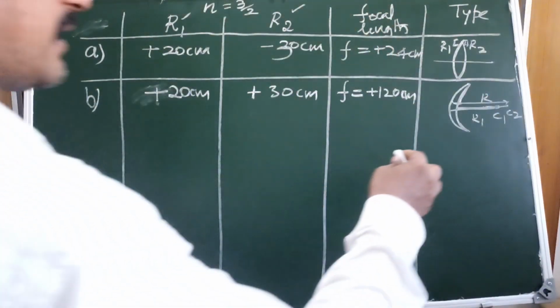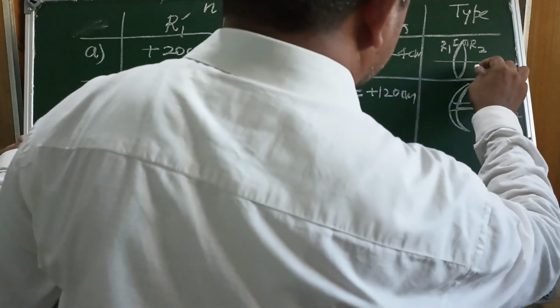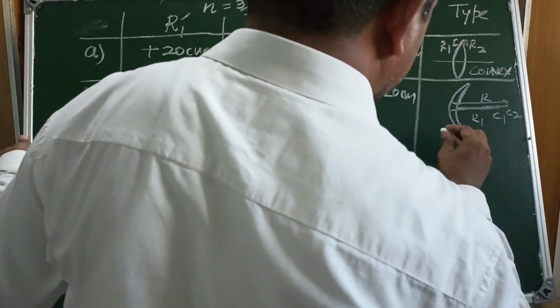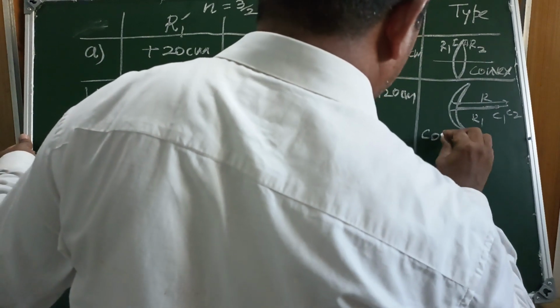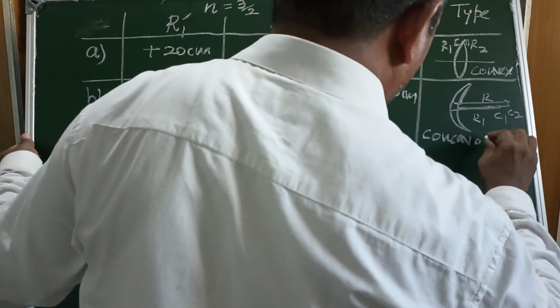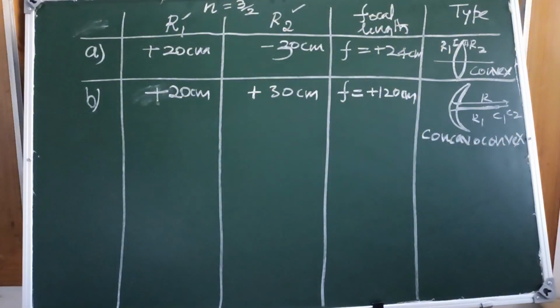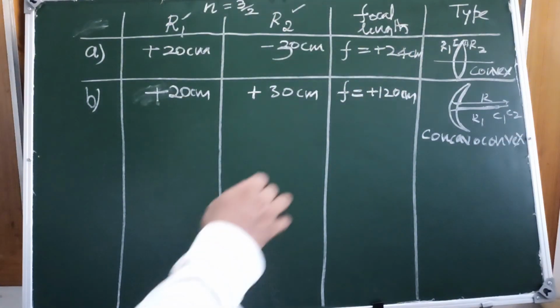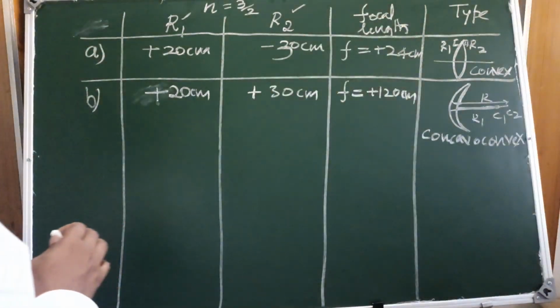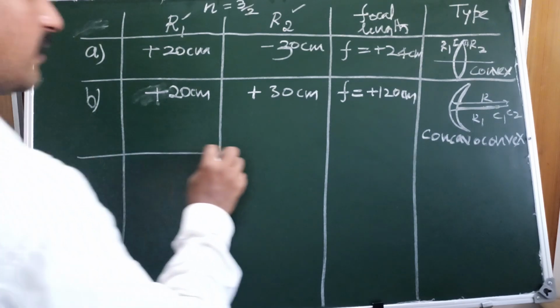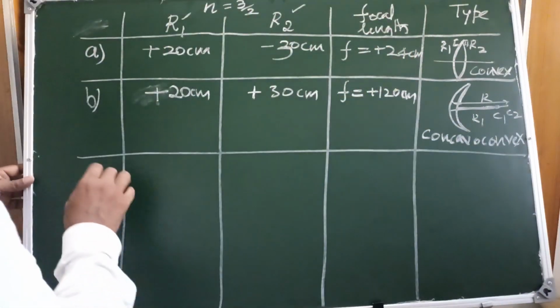The first one is a convex lens. The second one is also a converging lens, a convex lens. And the focal lengths are positive, so type A and type B lenses are both converging lenses. Now let us go to the next part.